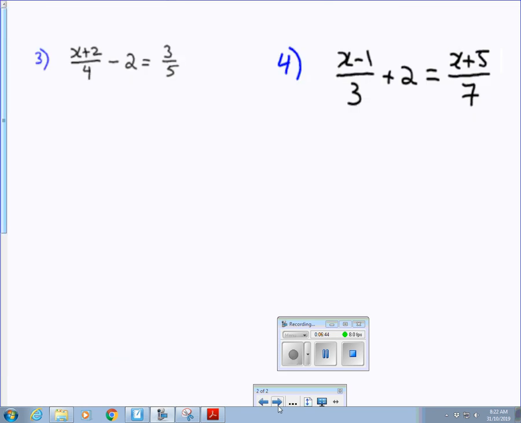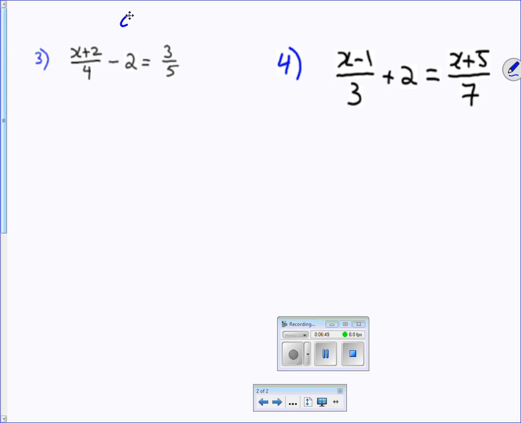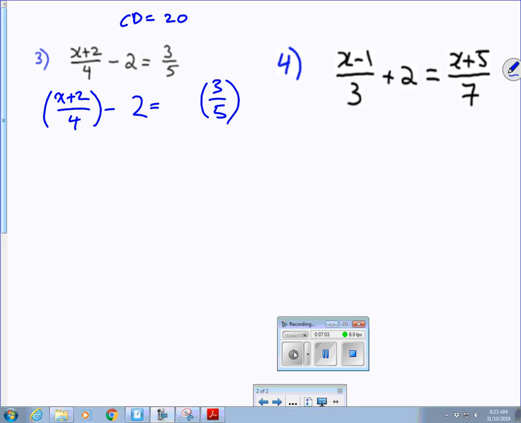For this next problem, the common denominator for 4 and 5 is 20. So now we're going to do that same thing again, where we put everything in brackets and then multiply by the common denominator. We're going to multiply everything by 20.